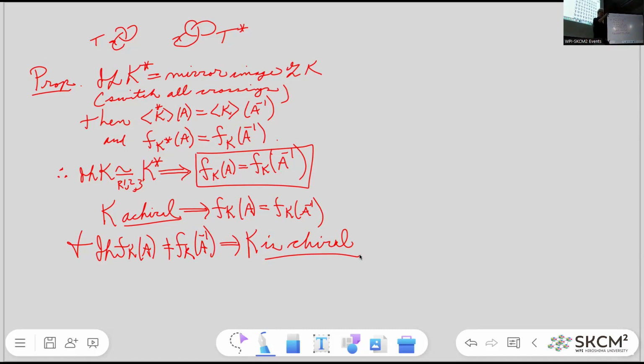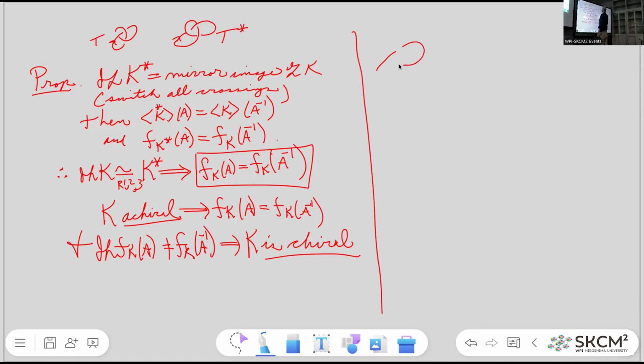So the symmetry of turning into your mirror image means that the polynomial is symmetrical under changing A to A inverse. Interesting, huh? It means that it's quite possible to tell that a knot is chiral by using this invariant, and in fact, we can. So let's see what we have.